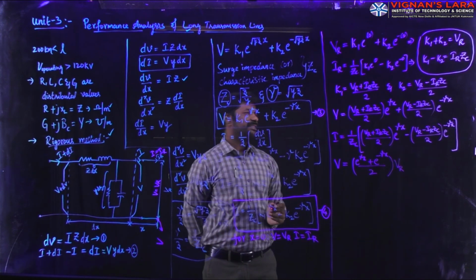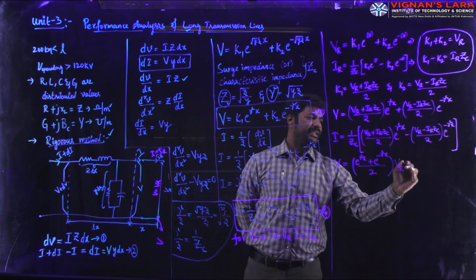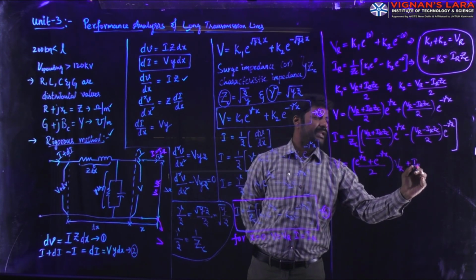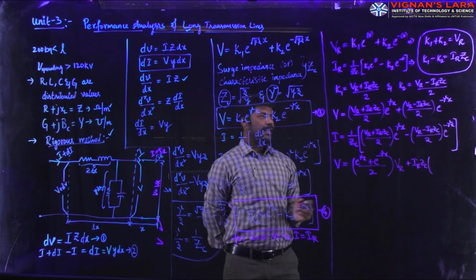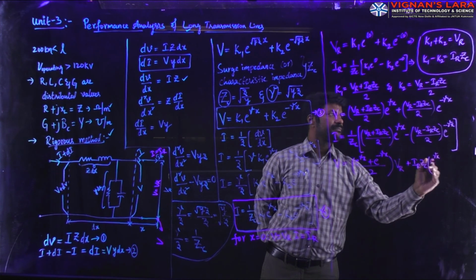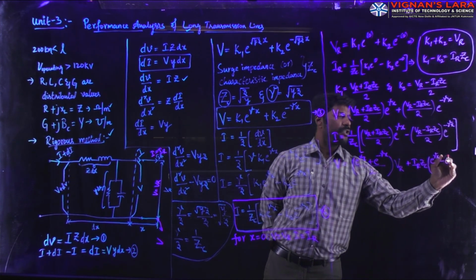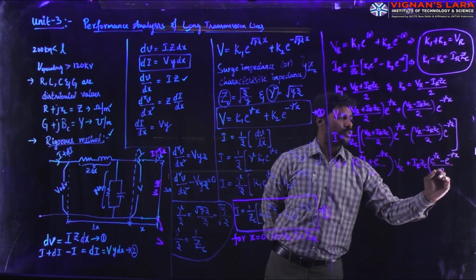In the same lines, for the current term, IR ZC is taken as common, and we get (e power gamma x minus e to the power minus gamma x) by 2.